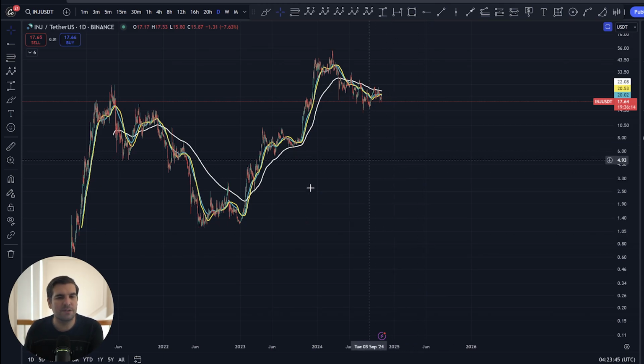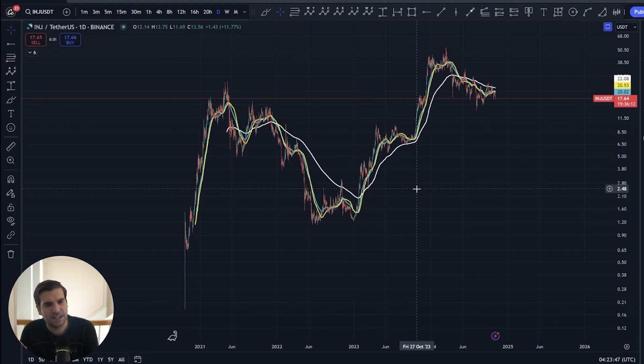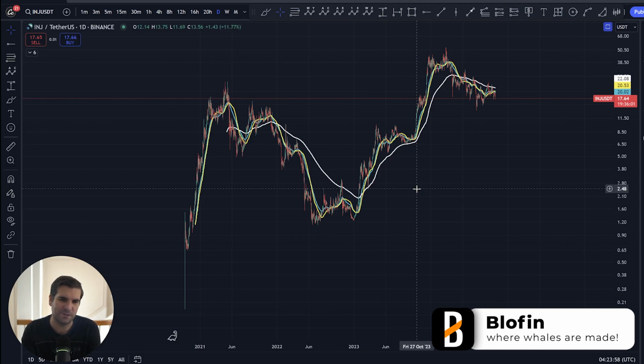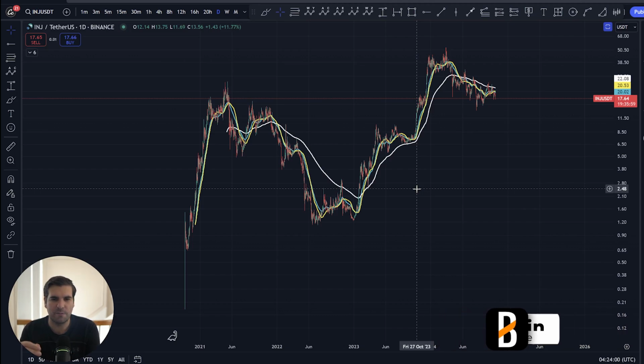But those are the things that we're going to use today. We're not going to rely on indicators. All indicators do is show you what's already happened. They have zero predictive capabilities. You just make assumptions that the market's going to do something because you've already seen it do something else in the price action. Elliott Wave is a lot more scientific about it.